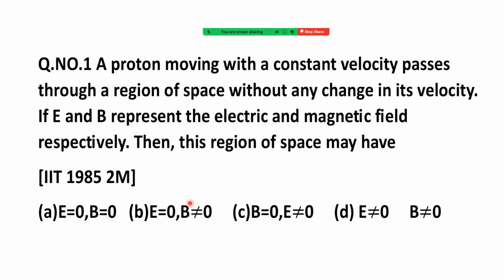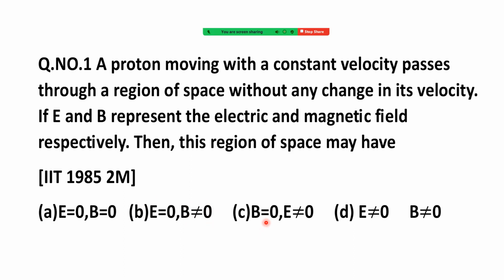This is also possible, if velocity is along B bar, if velocity vector is parallel to magnetic field vector. If you remember, first case we have discussed angle 0 or 180. 0 means along B bar, 180 means opposite to B bar. Then force will be 0. That means even though magnetic field is present, magnetic force is 0. That means this is also possible.